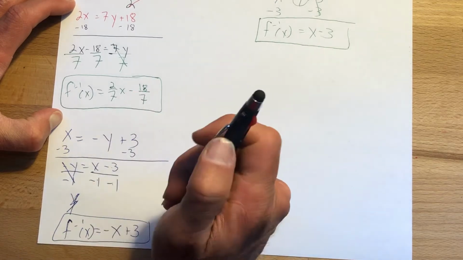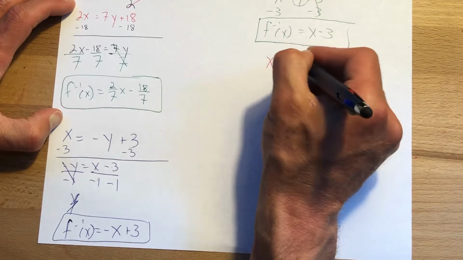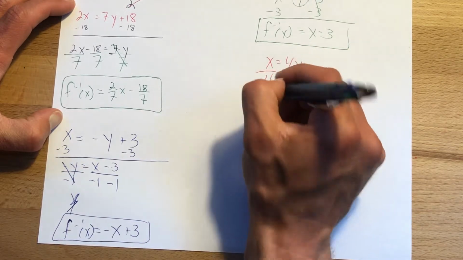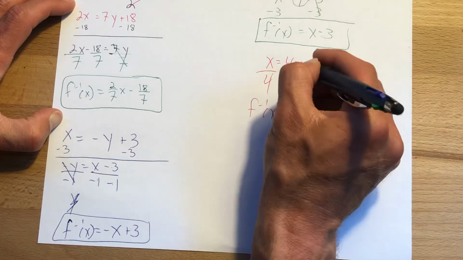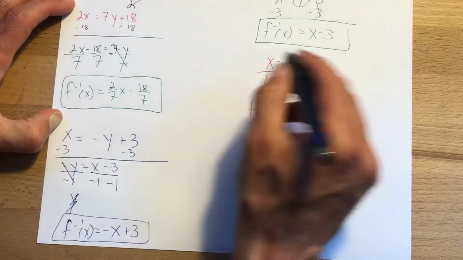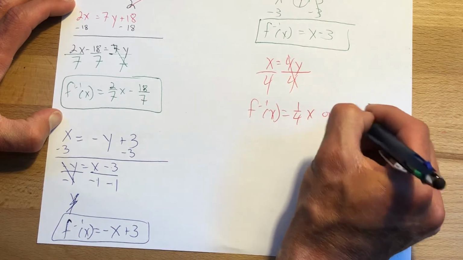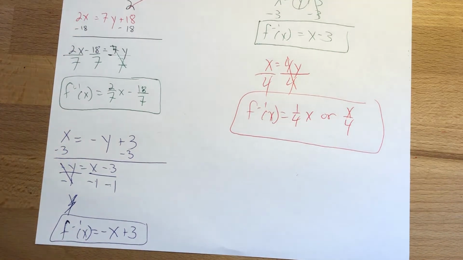For the last one, I'm going to flip the x into y, and then I'm going to divide both sides by 4. So I'm going to get inverse of f of x equals, the y is all by itself, 1/4 x. Or you could have just written x over 4. Either one of those would be fine.